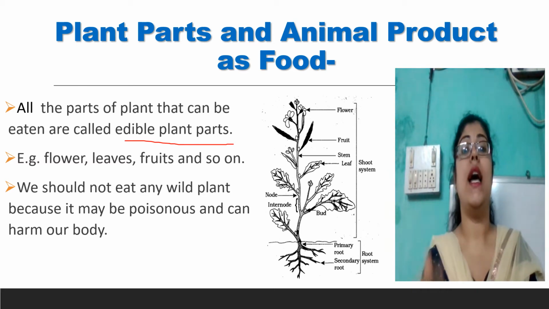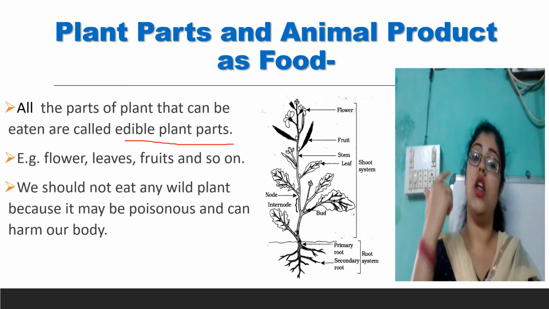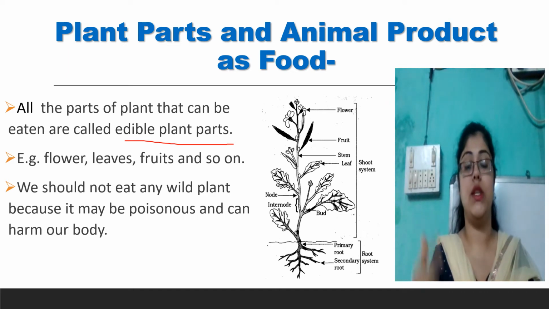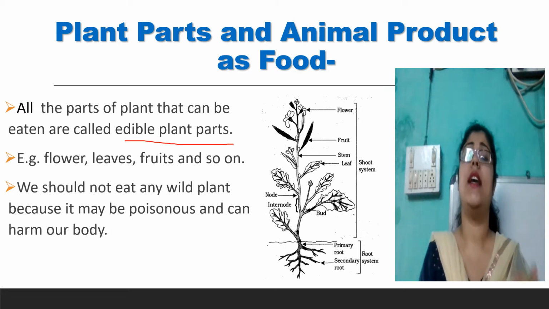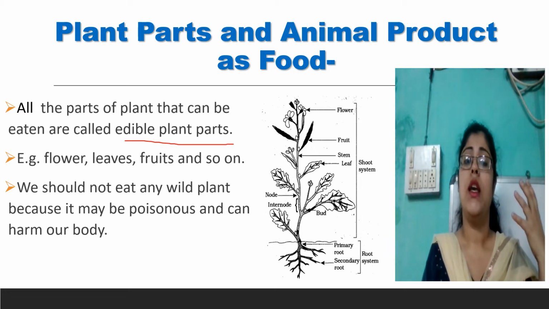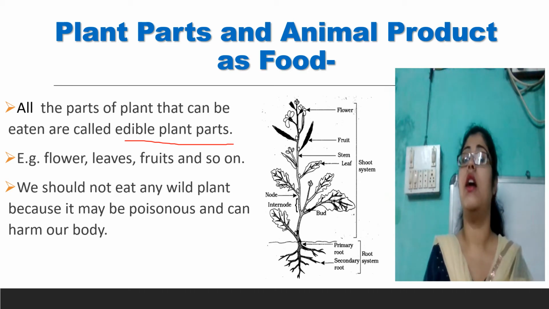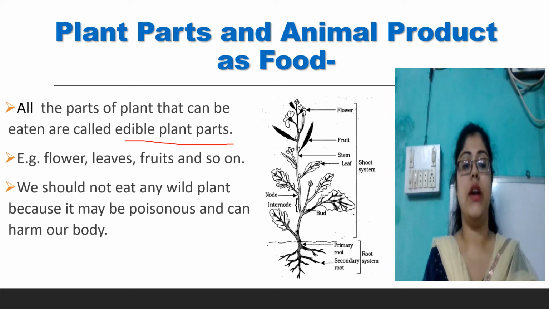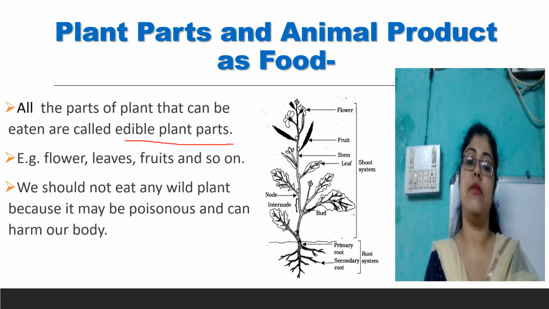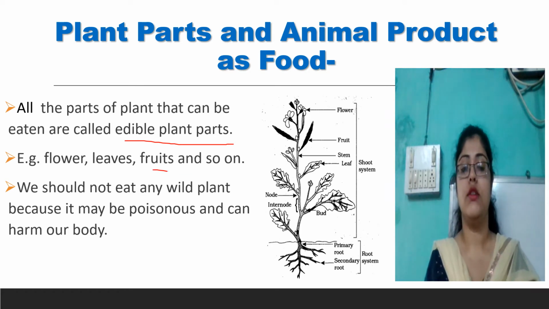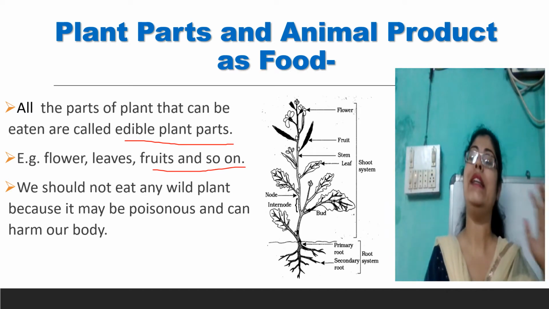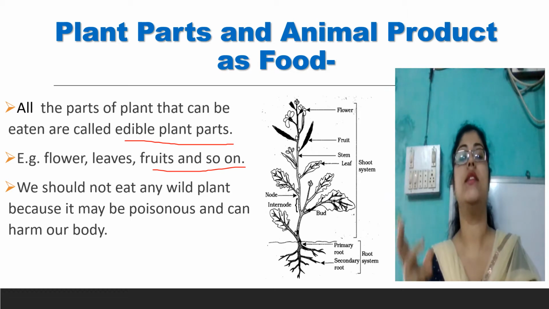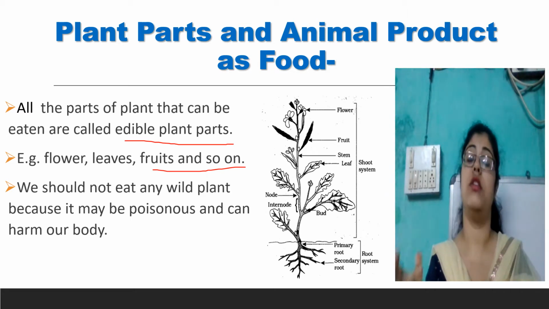That denotes that the stem is also an edible plant part. So anything eatable that comes from plants is called an edible plant part. For example, we have just discussed flowers, leaves, fruits, and so on, right? Next, we should not eat any random or uncertain food, plant or plant part.